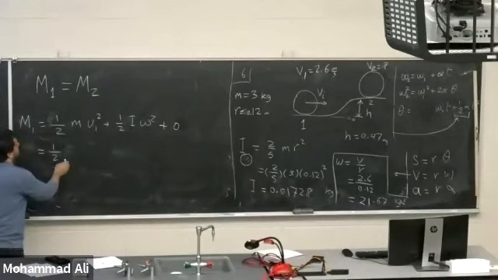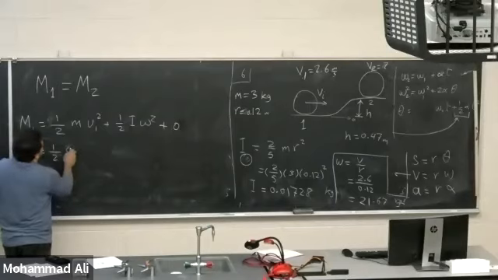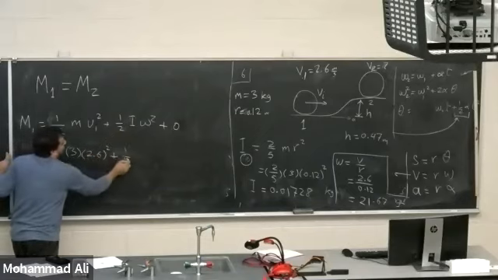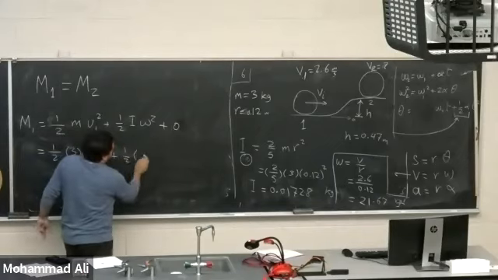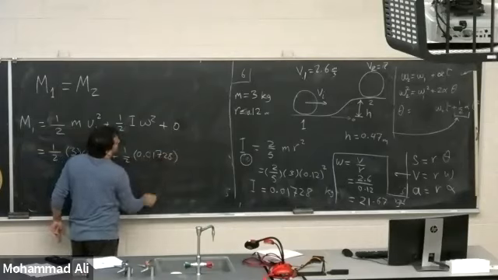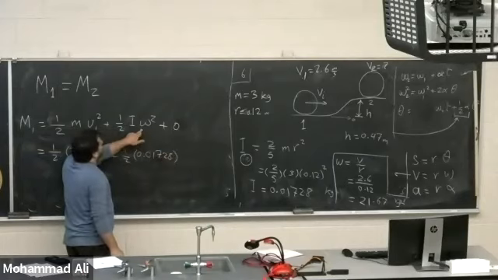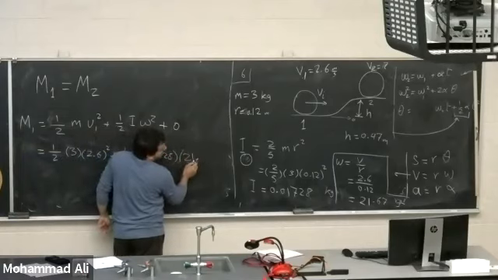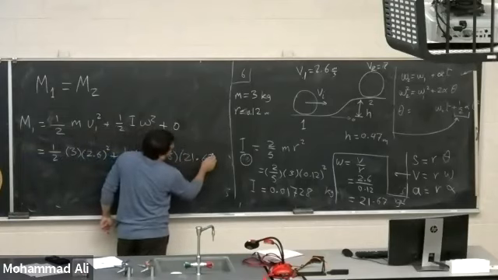Okay, the mass, how much is the mass? 3. The initial linear velocity is 2.6 squared plus 1 over 2 I, it is that small number, 0.728, multiplied by omega squared, which is 21.67 squared.